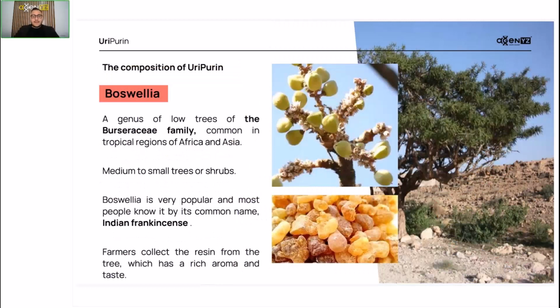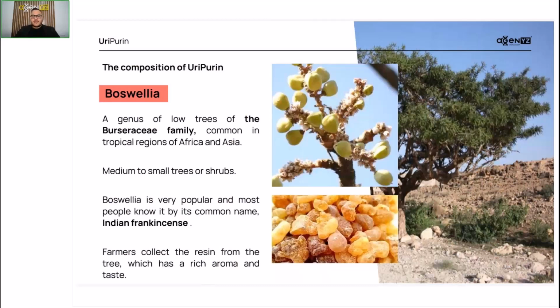The next ingredient, as I mentioned, is Boswellia, a genus of trees of the Boswellia family, common in tropical regions of Africa and Asia. It consists of medium to small trees or shrubs, and Boswellia is very popular; most people know it by its common name, Indian frankincense.